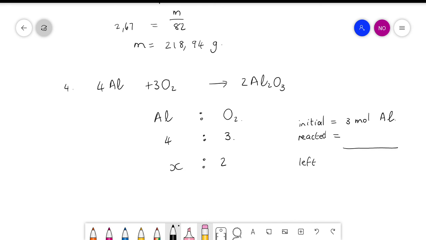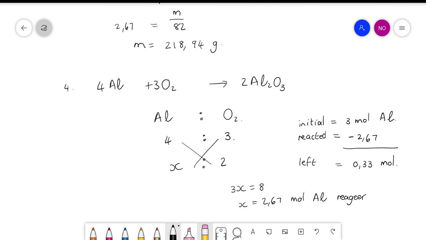So what I'm going to do is this. And then I have 0.33 moles left.